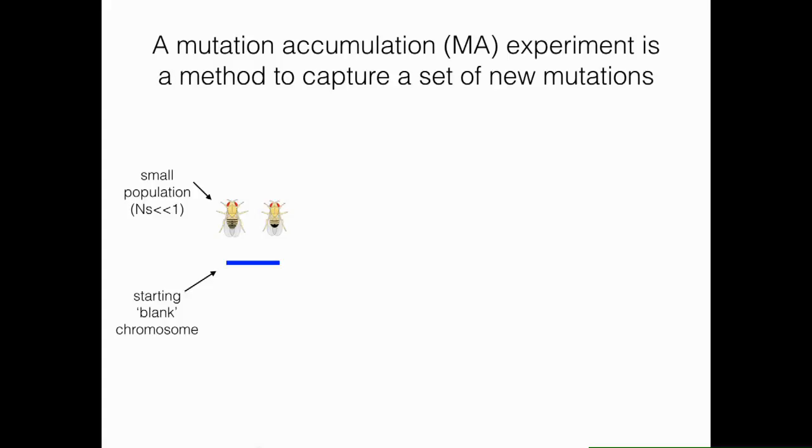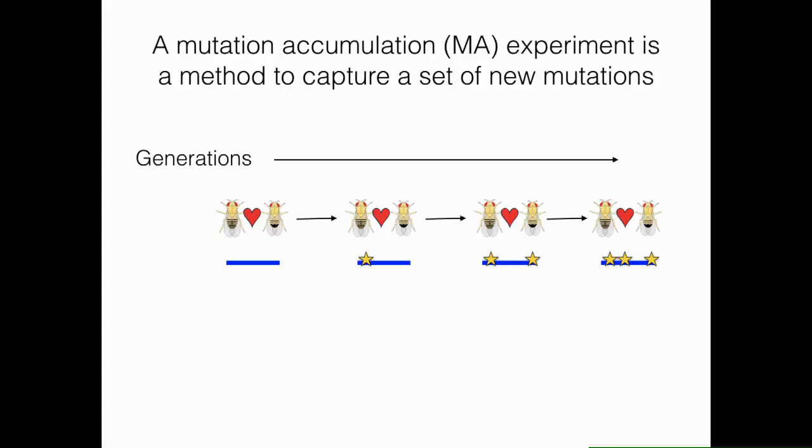A mutation accumulation experiment is a method to capture a set of new mutations by effectively keeping the population so small that selection's not very good at removing them. So what you can do is, for example, in this case, keep your population to size 2, and then take those flies through many generations such that any new mutations that occur can't be filtered out by selection.